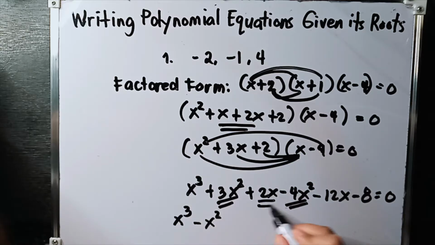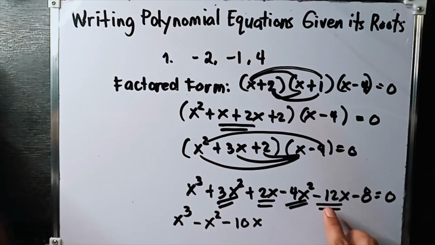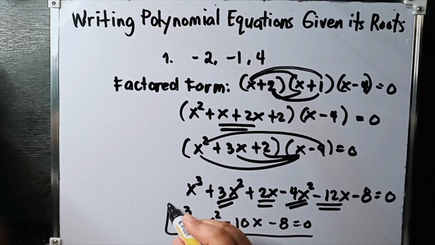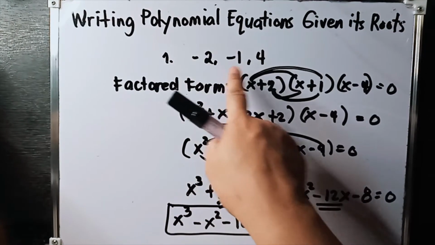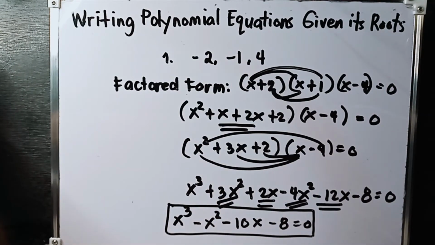And then 2x and negative 12x: that would be negative 10x, because you subtract their absolute values and copy the sign of the greater absolute value, which is negative. And then bring down negative 8 equals 0. So this is now the polynomial equation with the roots negative 2, negative 1, and positive 4.